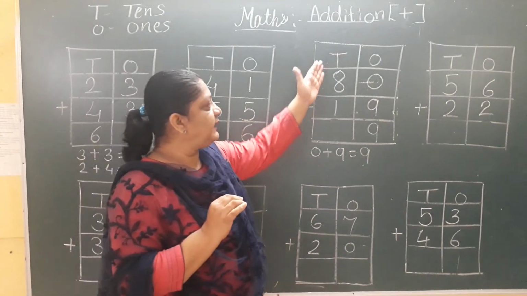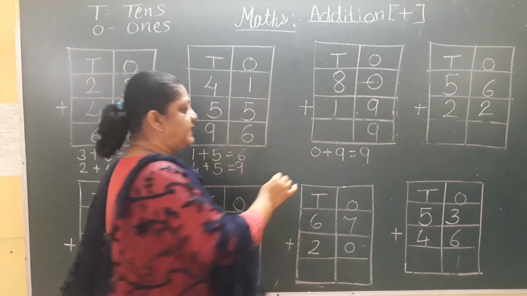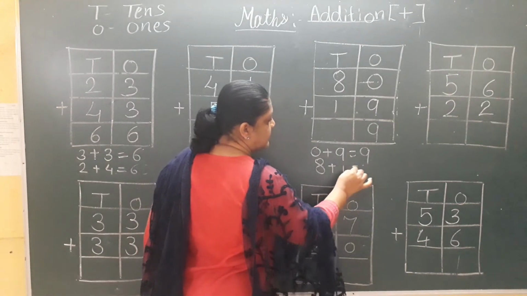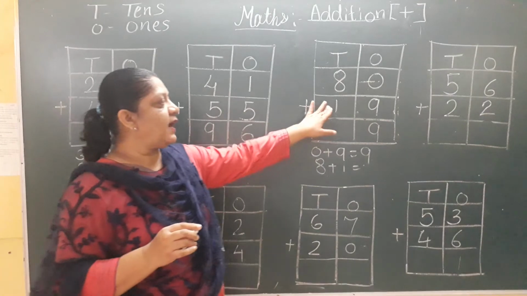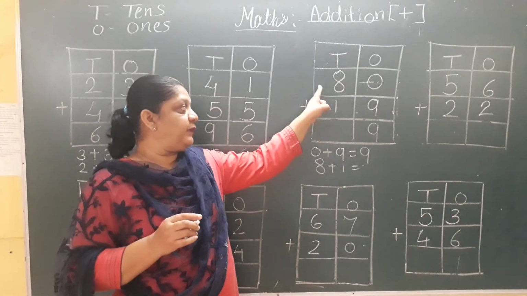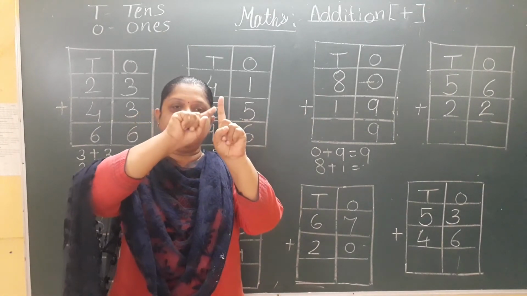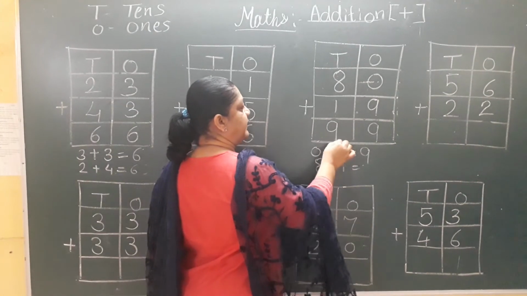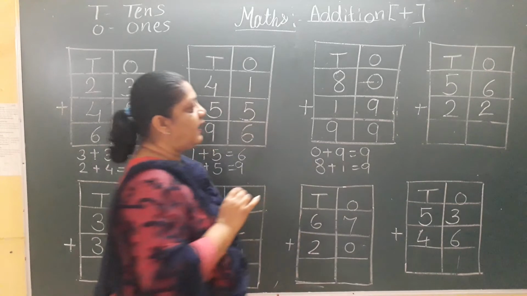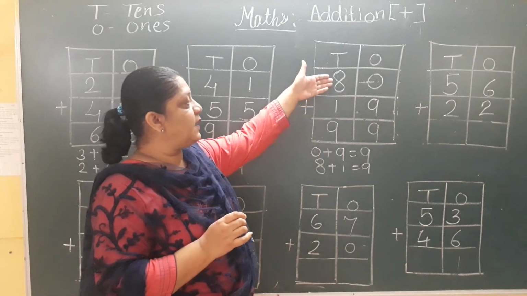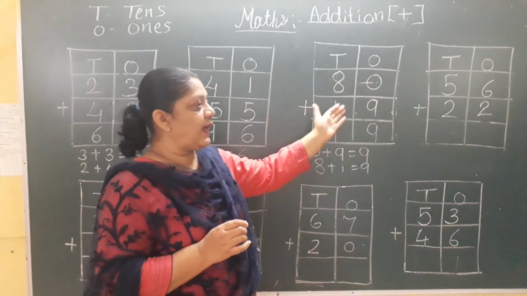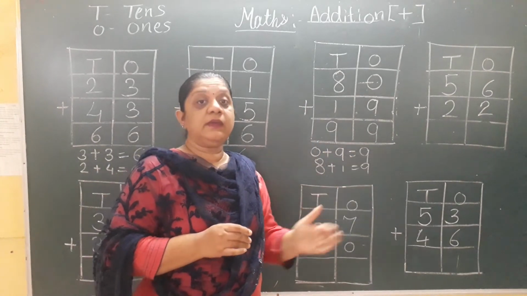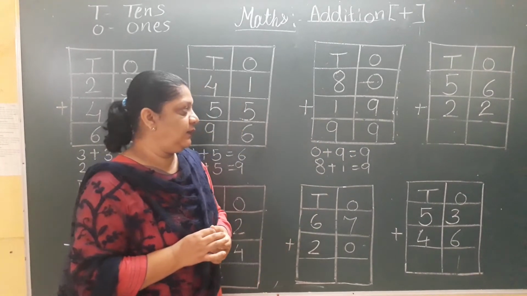Now the tens column: 8 tens plus 1 ten is equal to, you just count one finger after 8, 9. So our answer is 99. Again you read this sum: 80 plus 19 is equal to 99.